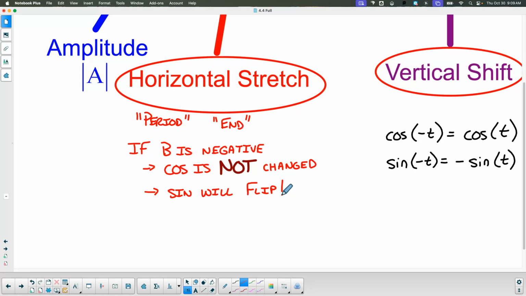So the sine function would flip for the negative a, and it would flip again for the negative b, so it's just back to normal. Okay? Right? So those two negatives would then cancel each other out. Okay? Questions on that? So negative b just flips the sign. Okay?